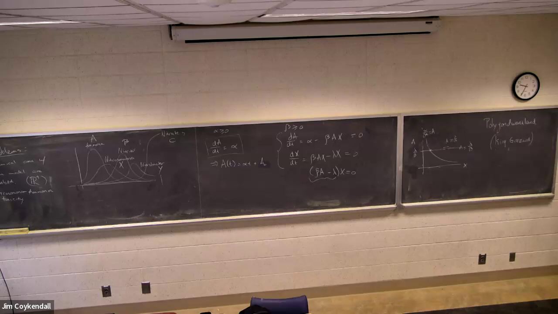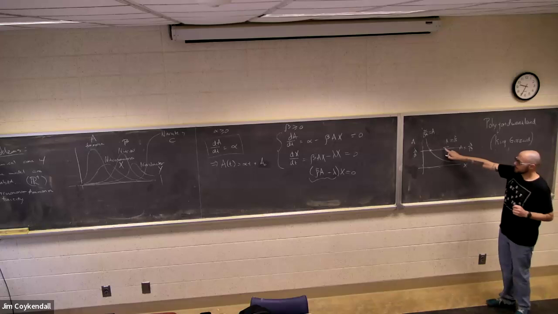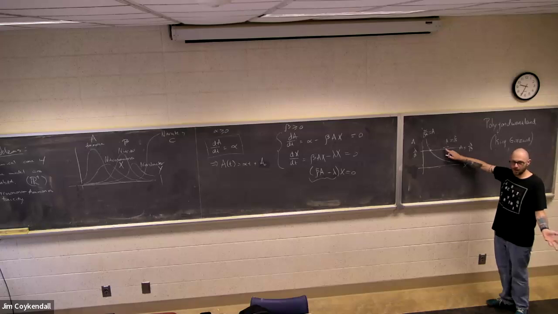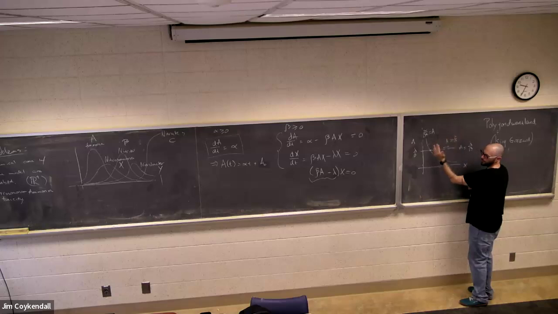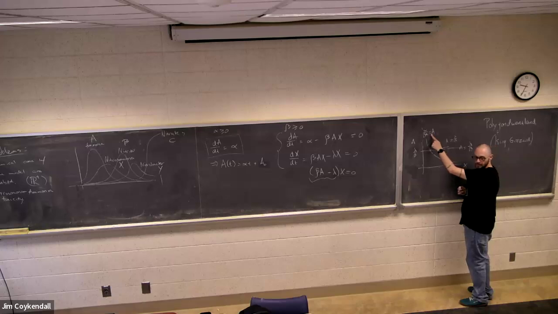Okay. What about dA dt? At this point, are we moving up or down? Matt says down, Jared says down. Anybody think up? I don't think up. Well, let's check. We know that at this point, we're above this rounded curve, so we have to have A greater than alpha over beta x.